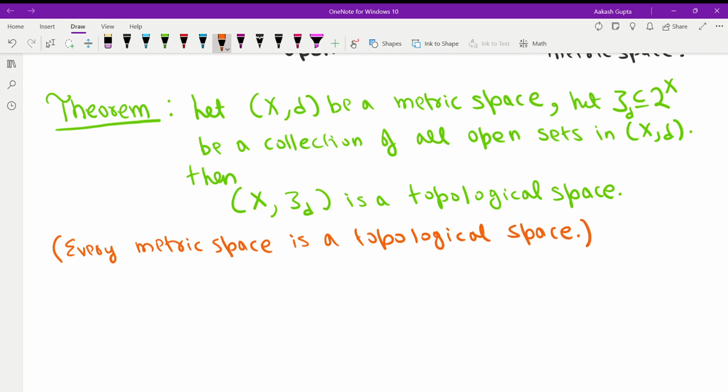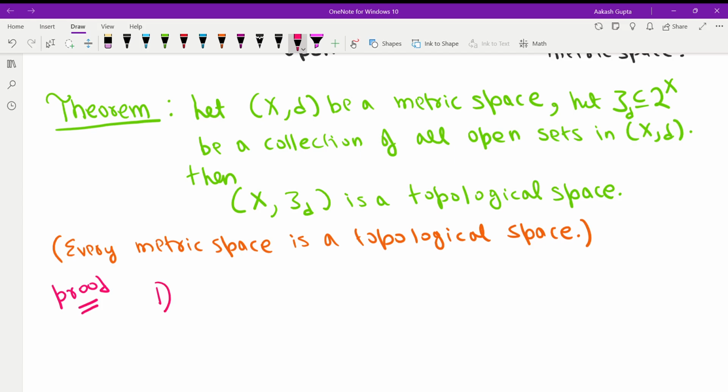So let me prove this here. I know if you have proper knowledge of metric spaces, you might have done it, but let us revisit. There is no harm.